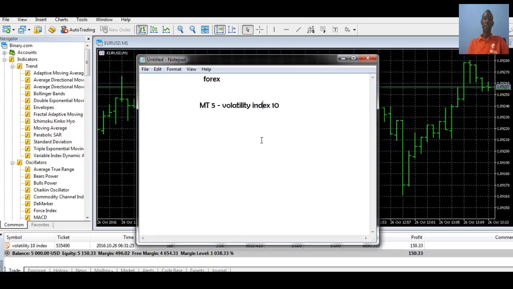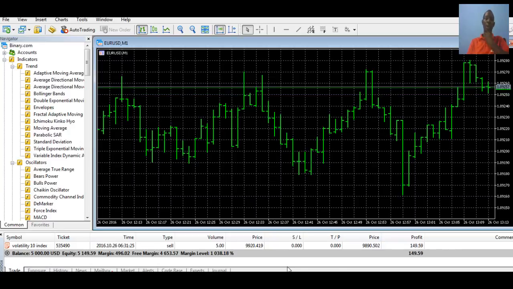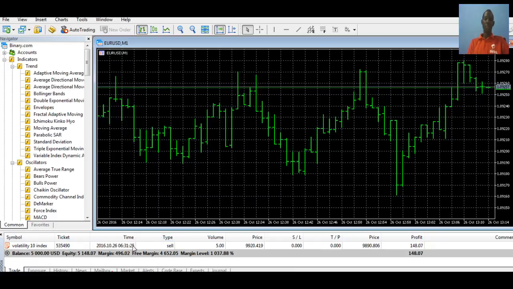Volatility index 10. As you can see in my ongoing trade, I have the volatility 10 index, which is ongoing. I started this trade at 6:30 in the morning, and presently this is afternoon.